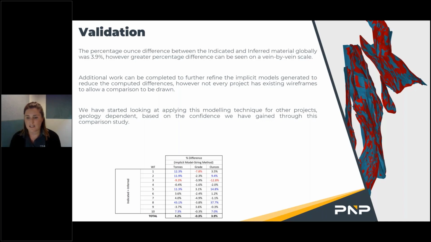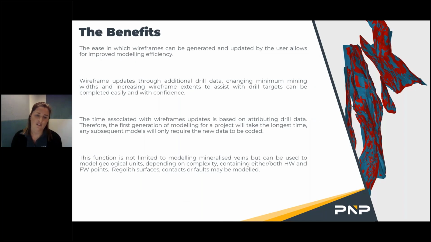And I think having this match up so well really shows that you can spend time in your interpretation at the data level rather than worrying about how long it's going to take to do the wireframing, because it took no time.